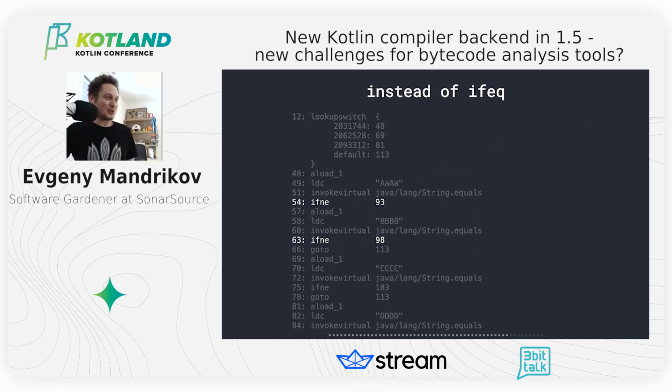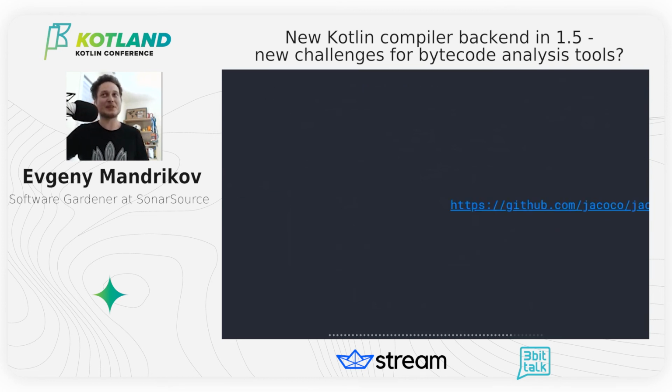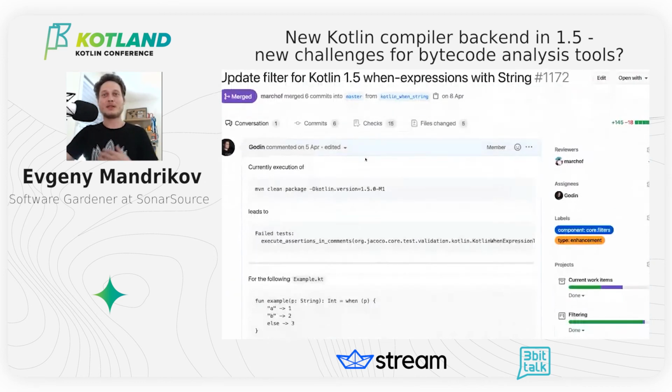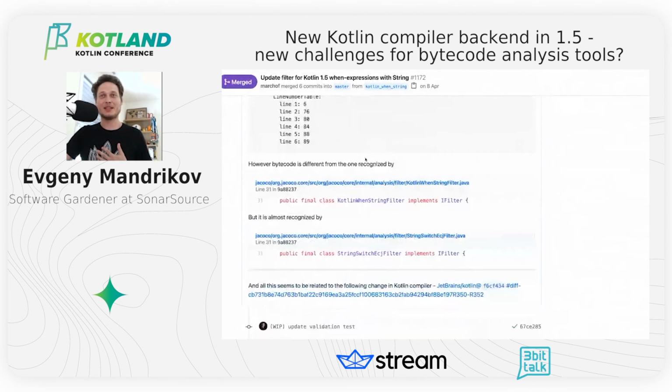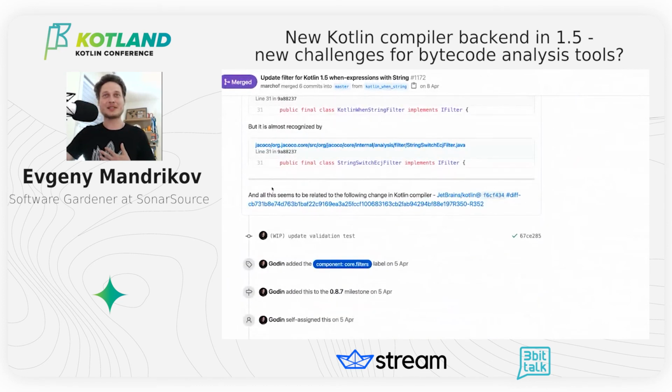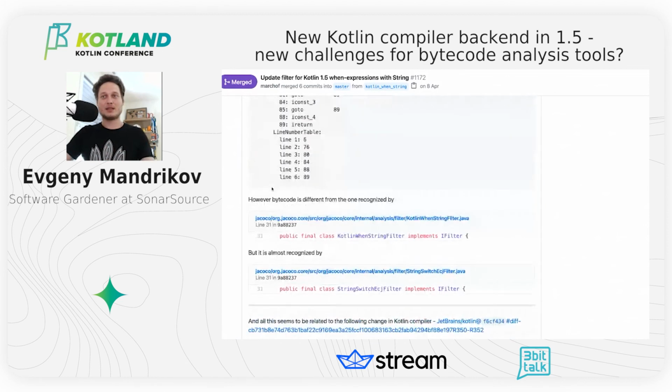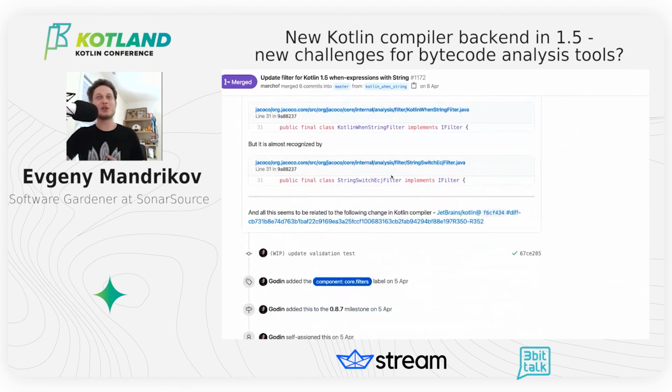But this changes the whole story. This changes the whole flow of this bytecode, and it changes the way we could detect and filter it. So again, we have to adjust to these changes. Thankfully, we noticed that it's almost the same bytecode that the Eclipse compiler generates in Java for string switch.